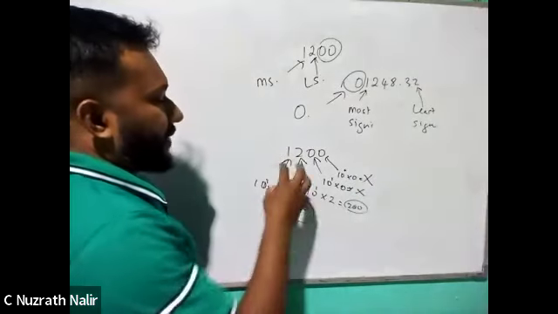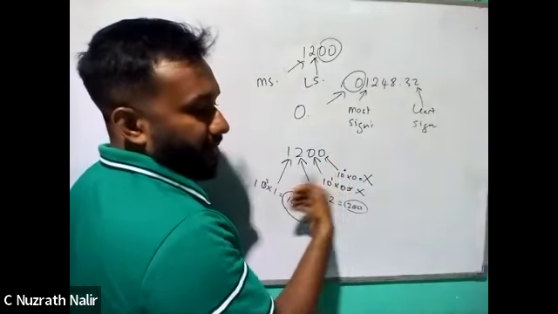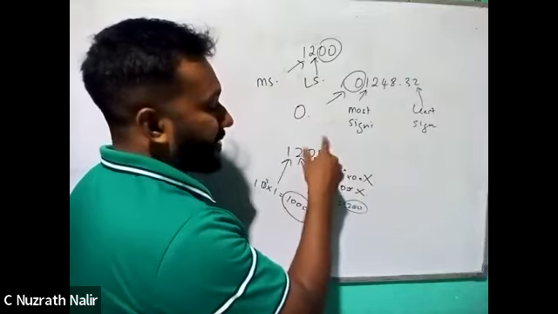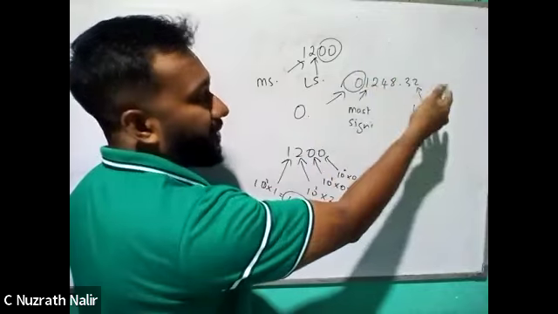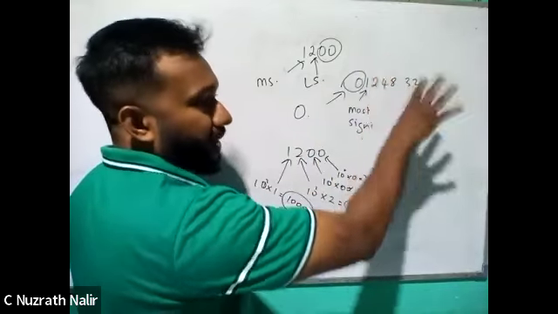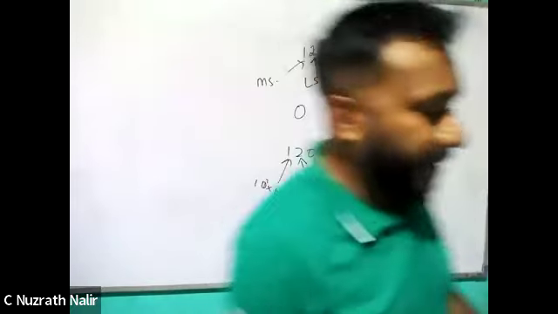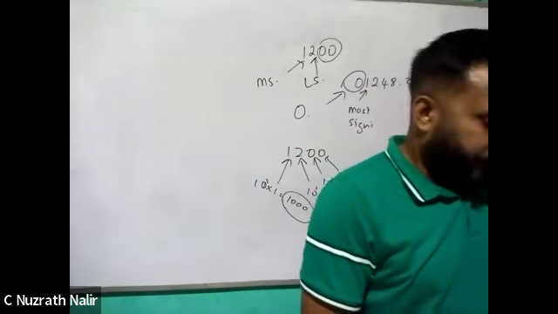If any other values come, multiply with 10 to the power something, then you will get the value. If there are zeros, even in the most significant or least significant position, we do not take the zeros. Why? This is the reason. Any questions, my dear students? Please ask me and I'll reply.